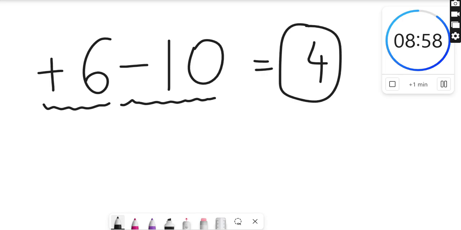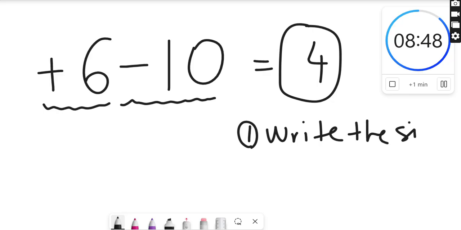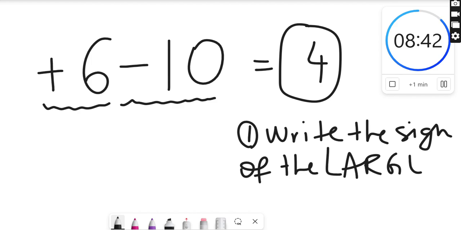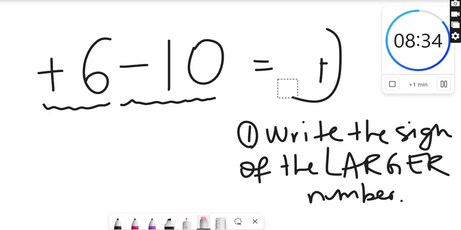I can tell you 2 rules only. Rule number 1: write the sign of the larger number. So when we look at our numbers, we have negative 10 and positive 6.